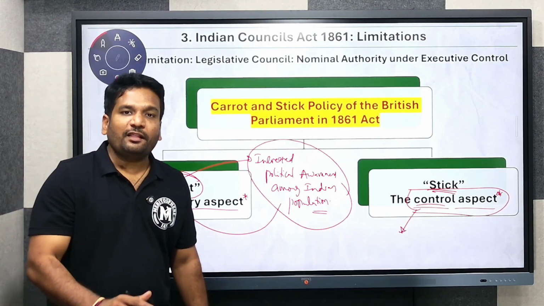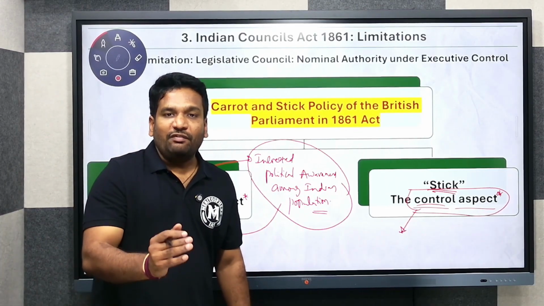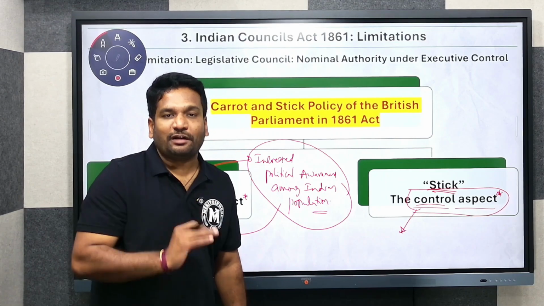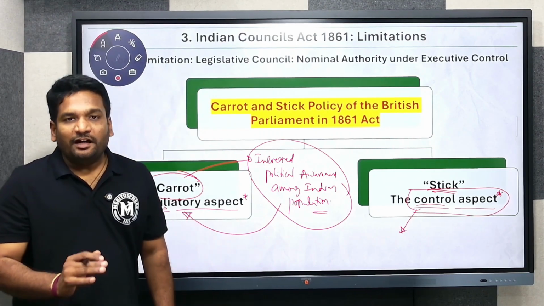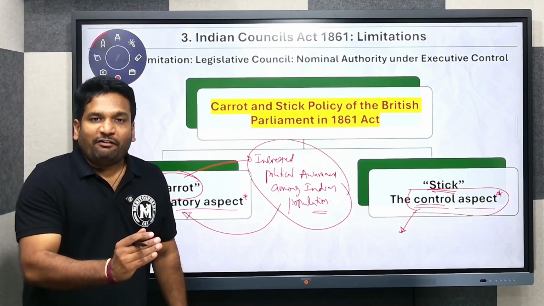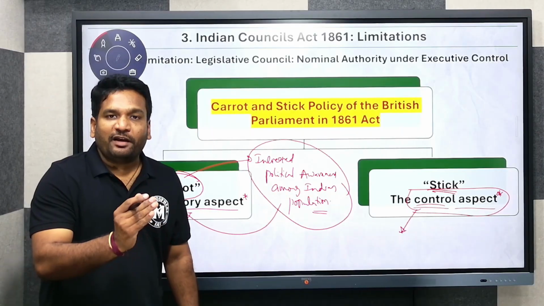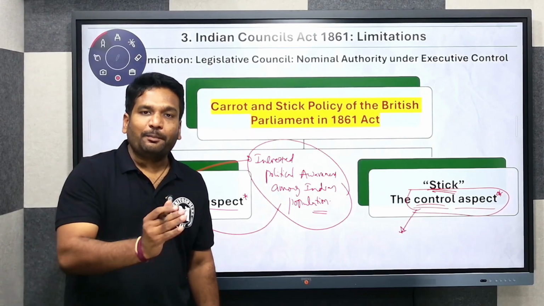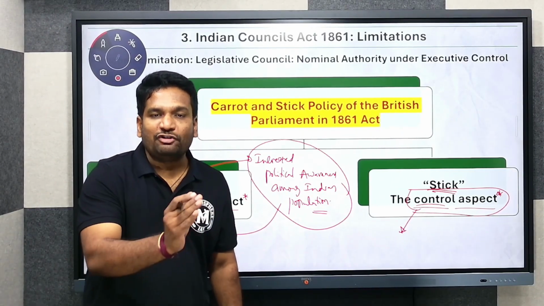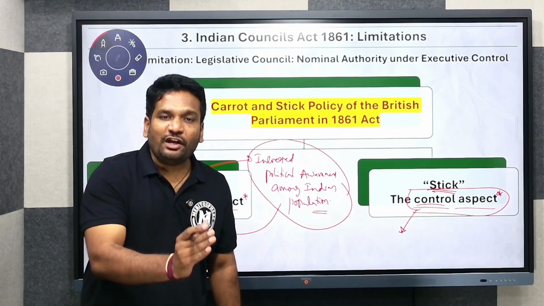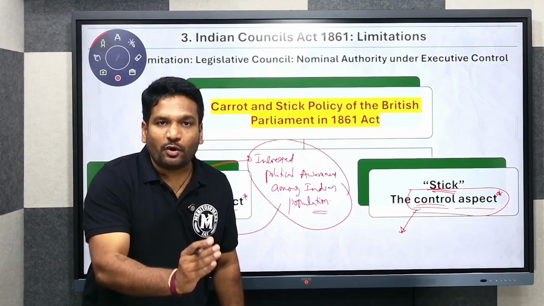After the 1857 Sepoy Revolt, there was a perception among British circles that the powers of the Indian Legislative Council must be controlled. We have given representation, we have separated the executive and legislative functions, but the functioning of the Indian Legislative Council must be controlled.